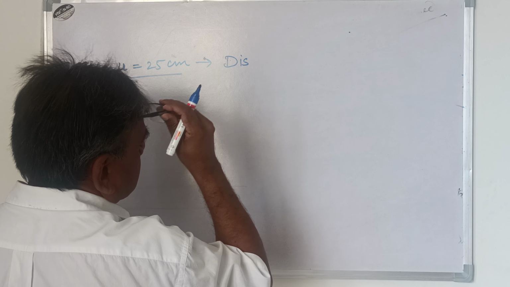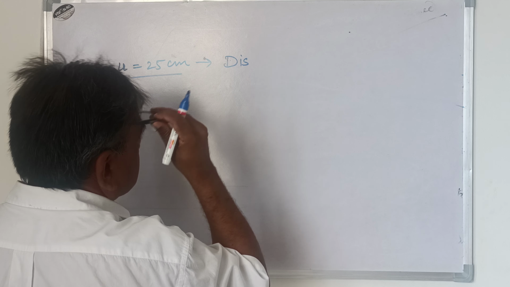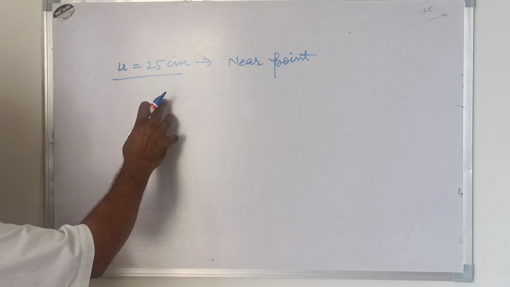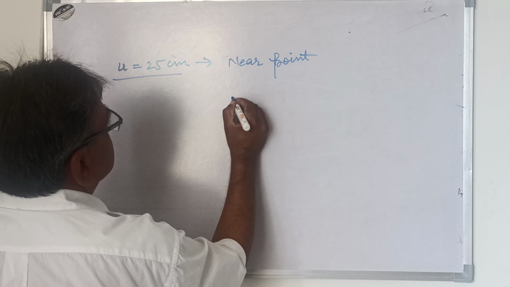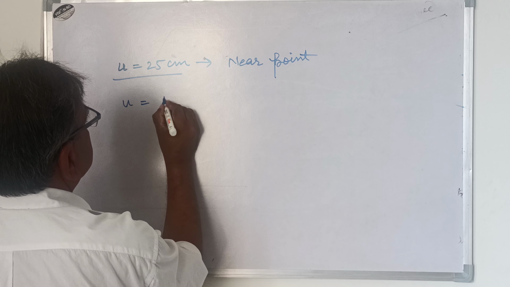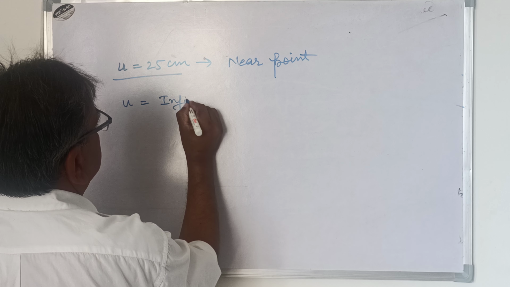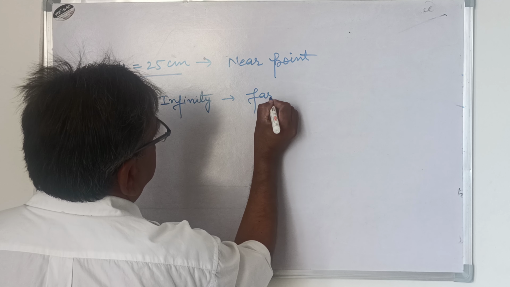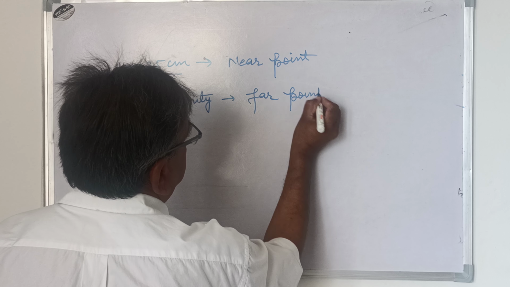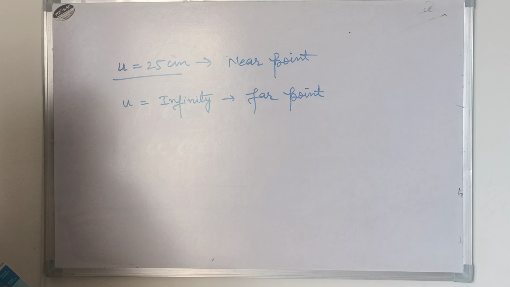Near point means we can see clearly when the object is at 25 centimeter from the lens. Another is the far point, u is equal to infinity or very far off, like we see the sun and the moon. This is called the far point. So these two points are defined.